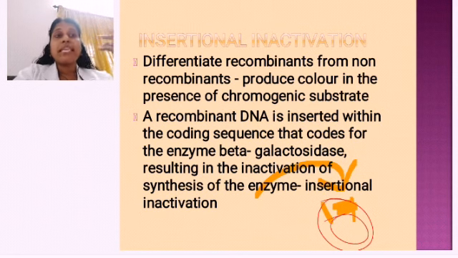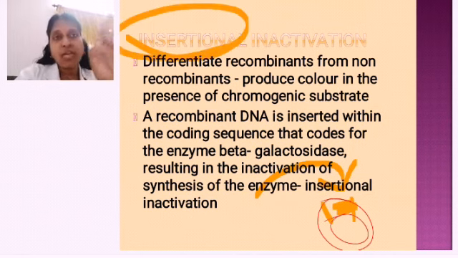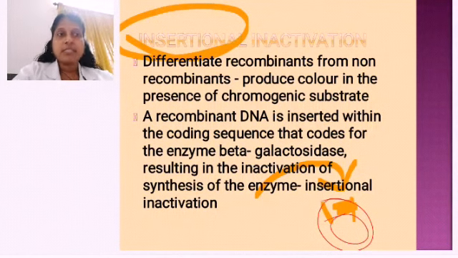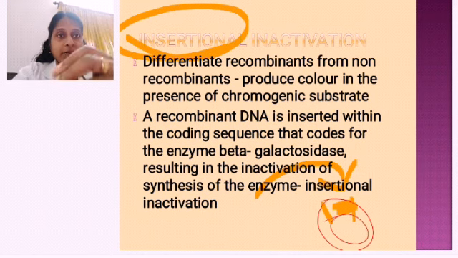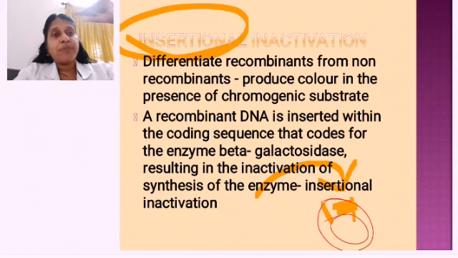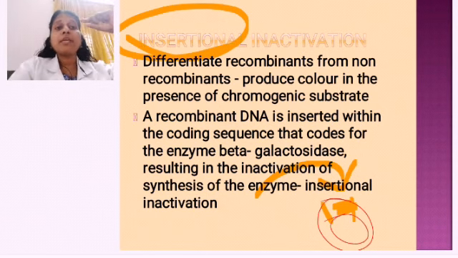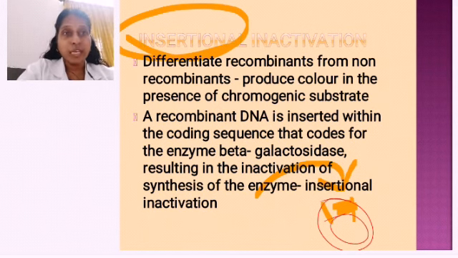It becomes inactive. It is not functioning now because the gene has been disturbed. In that position only I have inserted my gene of interest. That's why the name is called insertional inactivation. By inserting my gene of interest into the region which is coding for beta galactosidase, that enzyme-producing gene becomes inactive. They are not producing anymore.